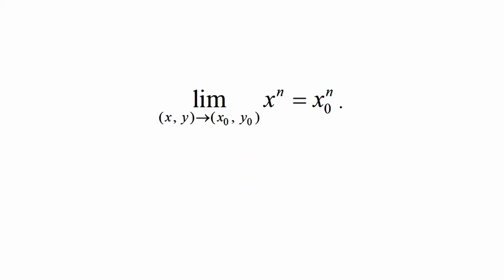In general, the limit as (x, y) approaches (x₀, y₀) of xⁿ is equal to x₀ⁿ, and the limit of yⁿ is equal to y₀ⁿ.